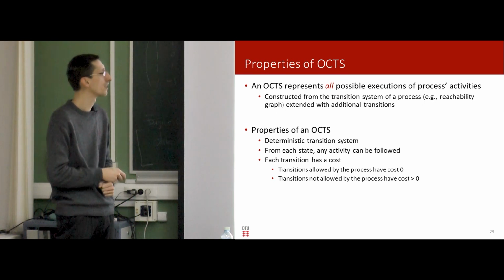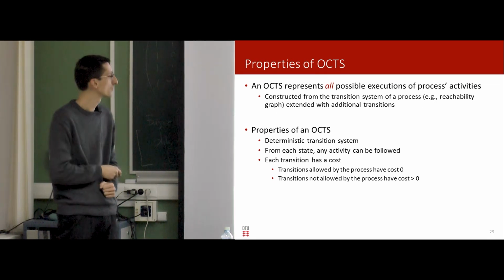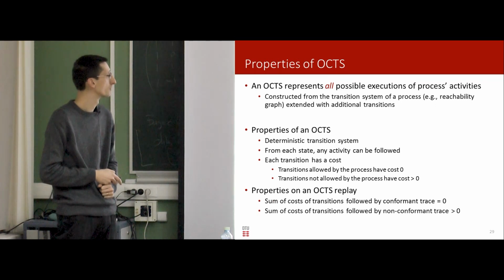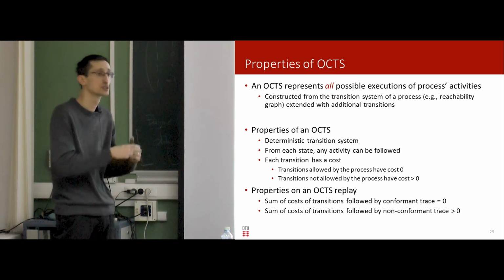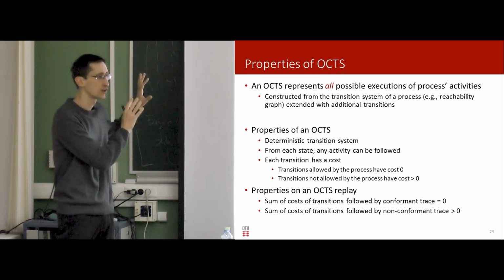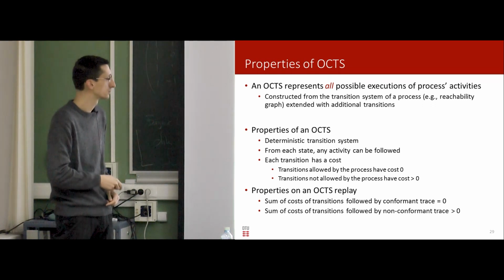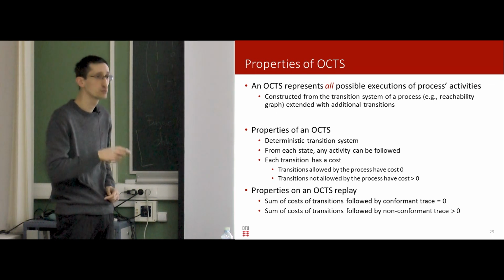So transitions allowed by the model have cost 0. Transitions that are not allowed by the model have cost larger than 0. Therefore, if we do the replay of any trace on top of such OCTS, the sum of the costs for conformant traces is guaranteed to be 0.